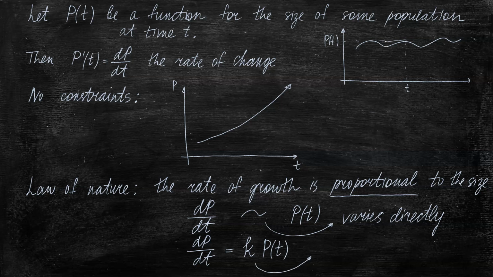And that constant is called the coefficient of variation, or let's just call it the coefficient. It's some unknown coefficient that will vary from population to population.